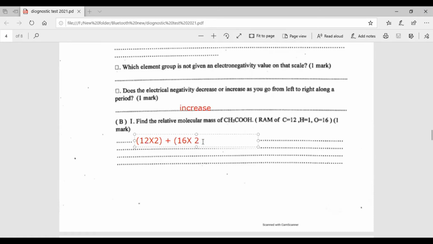You should put brackets like this, and there are 3 hydrogens, so 3 into 1. The answer is 60 grams per mole. You should write down the unit also.